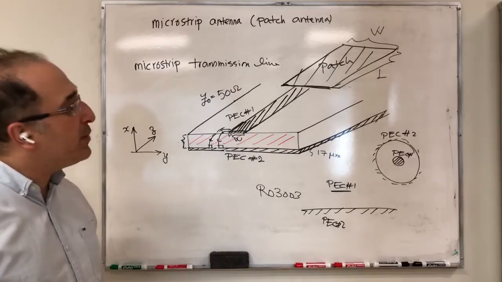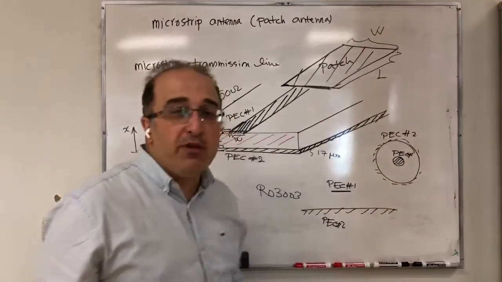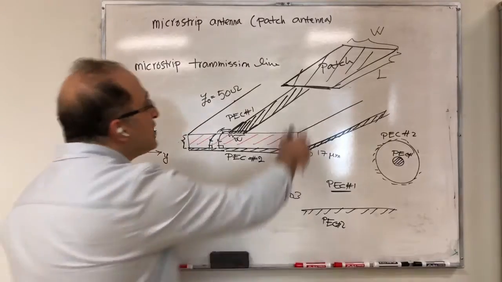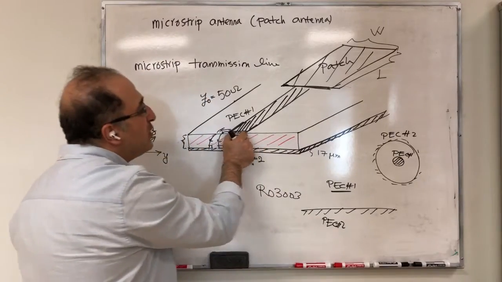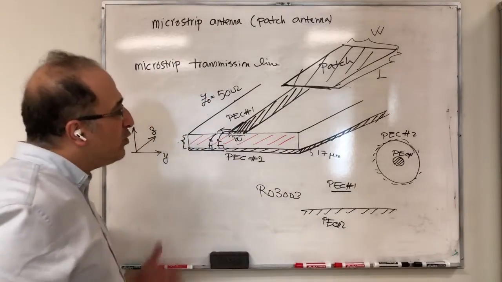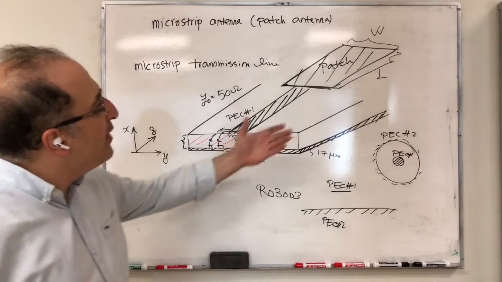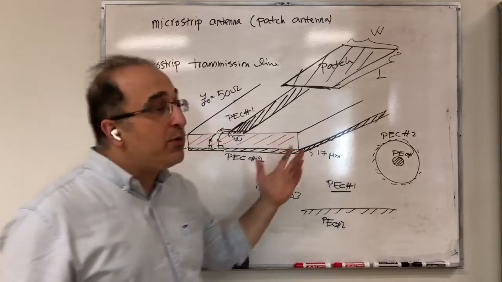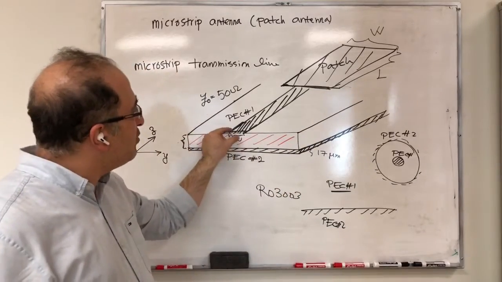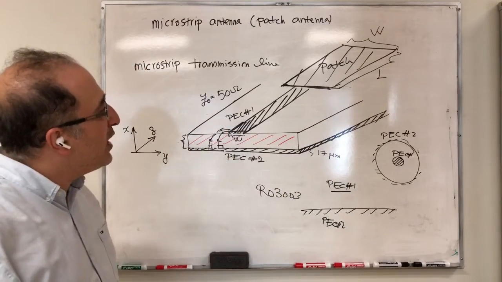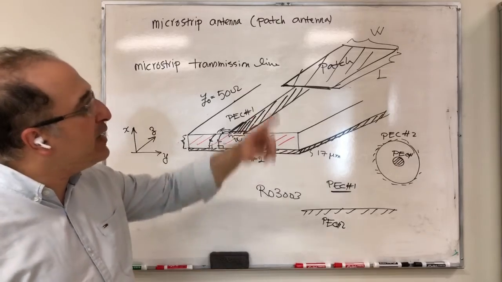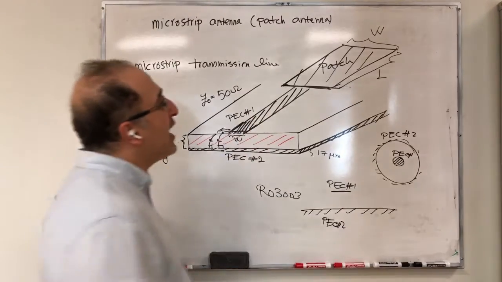Also remember that this W cannot be very small, because if it becomes small, you essentially get a transmission line, and you're not going to have a good radiator. We're going to talk about what W should be, but just remember it cannot be too small, otherwise you would have your transmission line. And for now, let's assume L is half a wavelength.